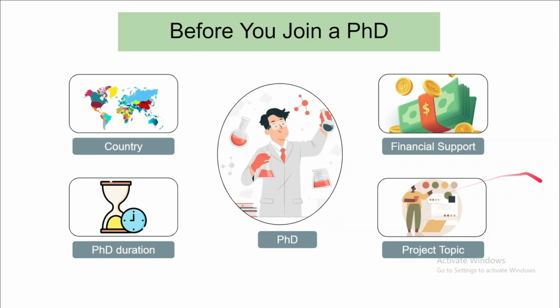And the project topic. For example, you are working in the field of protein chemistry or protein biology, and you have expertise in NMR analysis or handling cryo-electron microscopy. Then in future, you are looking at switching into a bioinformatics background where you analyze sequencing data.